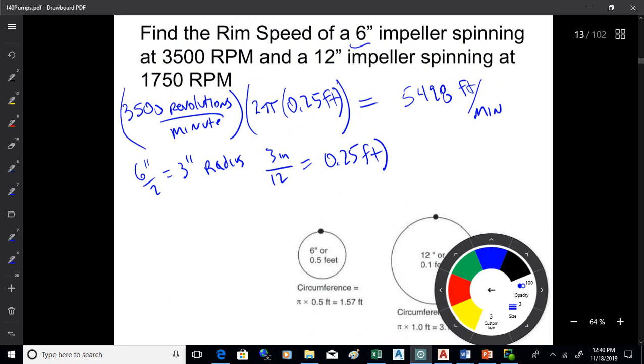So we're doing all right with that? We're just doing the angular speed times the circumference. And that gets you the actual velocity. The way we're going from revolutions to feet is we're saying that 1 revolution is equal to 2 pi r feet.